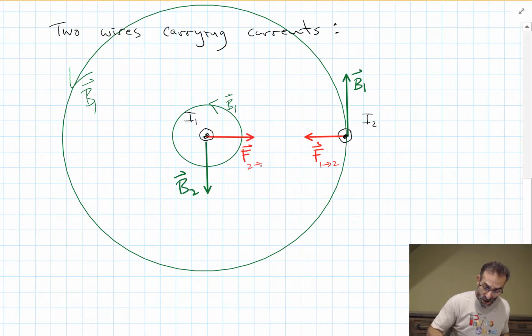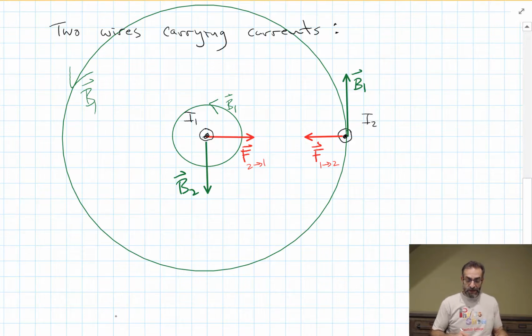That's 2 on 1. The force on 1 due to wire 2. Of course, they have to be equal and opposite because it's a Newton's pair. This is an interaction between these two current carrying wires. So if one interacts with the other one with a certain force, it has to be equal and opposite the other way. It's a Newton's pair.